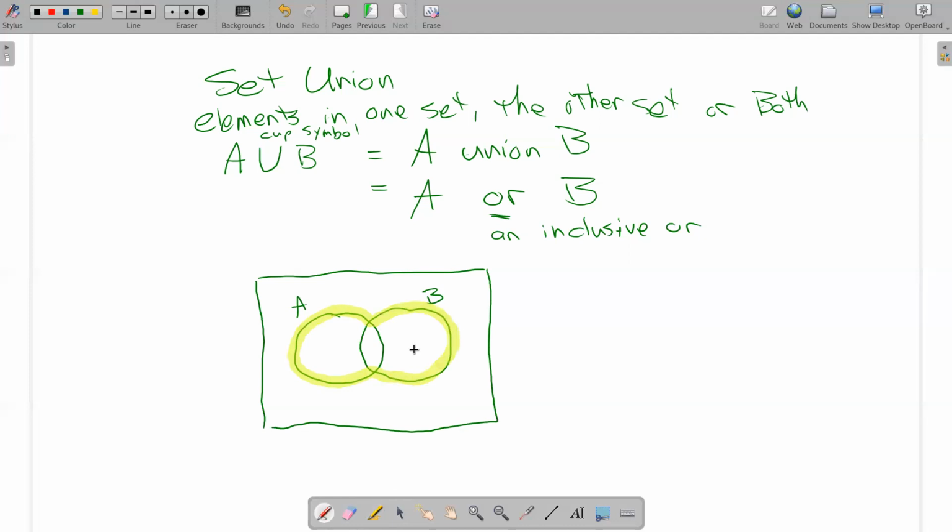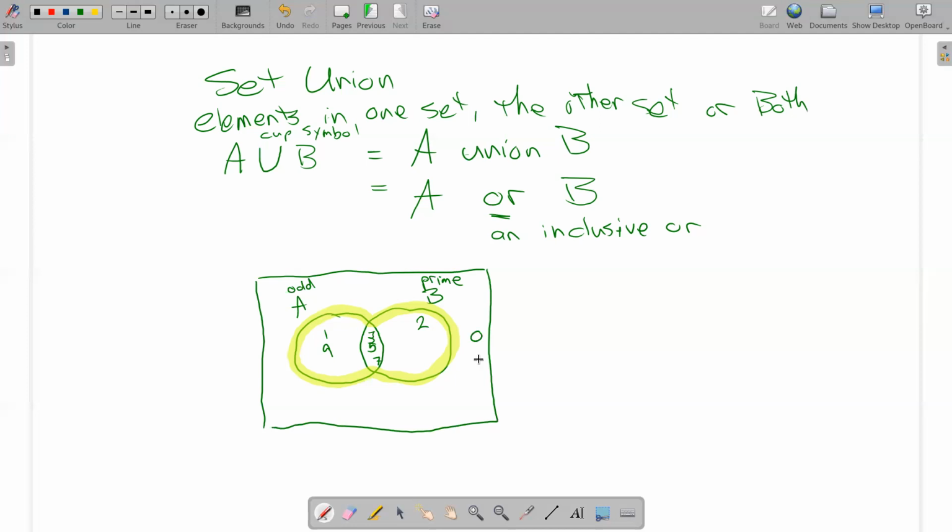So let's go back to what we had. A were my odd numbers, B were my prime numbers. 3, 5, and 7 are my numbers that are odd and prime. 1 and 9 are odd but not prime. 2 is prime but not odd.